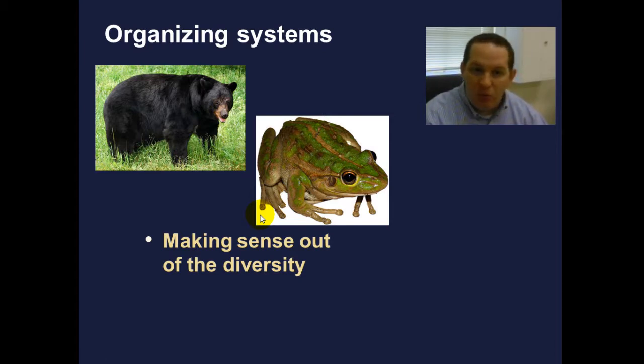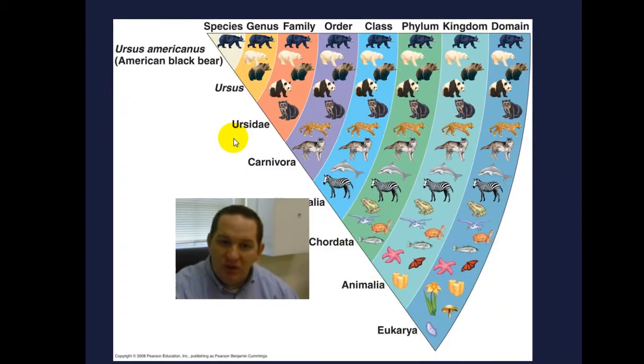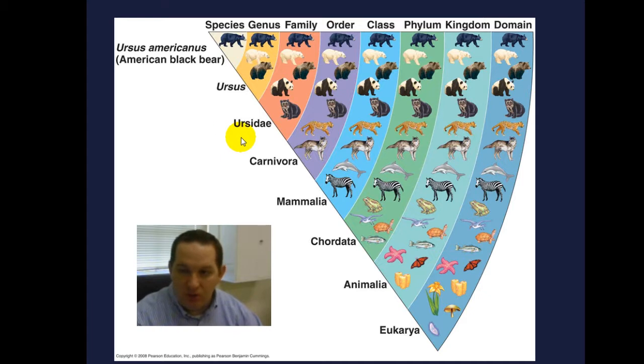So we came up with, as scientists, a hierarchical scheme, a hierarchy that determines which animals are closely related to others and in which category they fall. While these both are animals, we will notice that they are not that similar when we really break down their essential characteristics. How we do this is by using this system here.